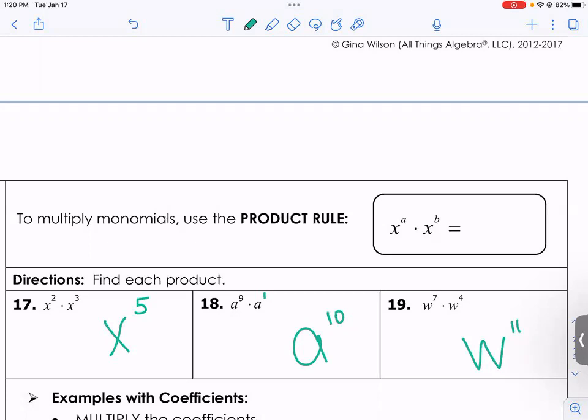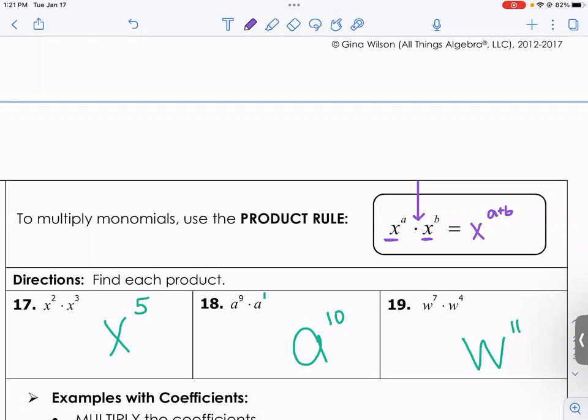Let's talk about why. When we are multiplying two terms that have the same base, then we are going to add their exponents. Please write that in.